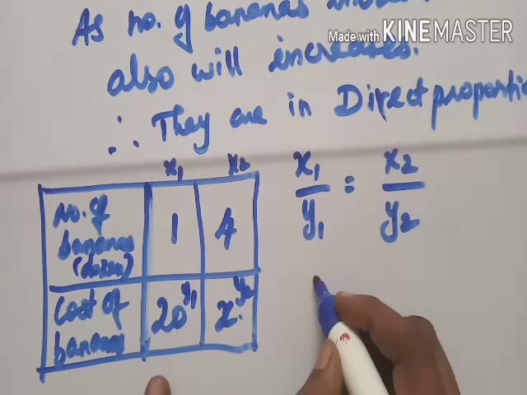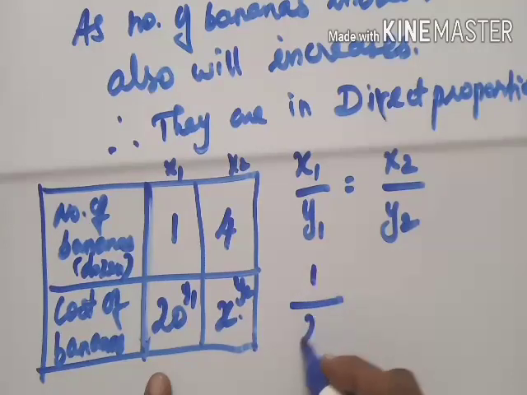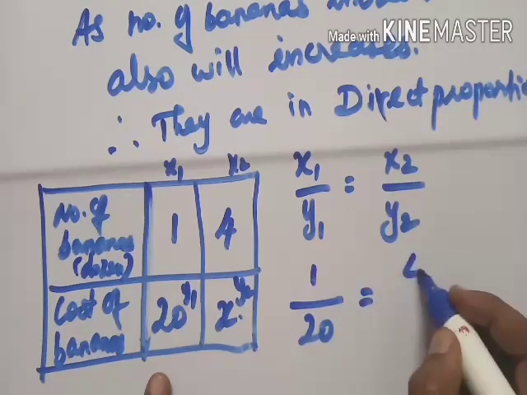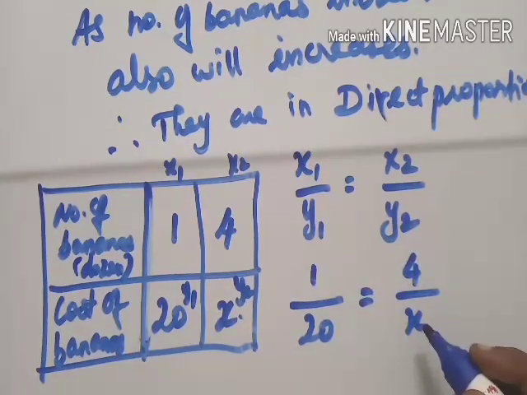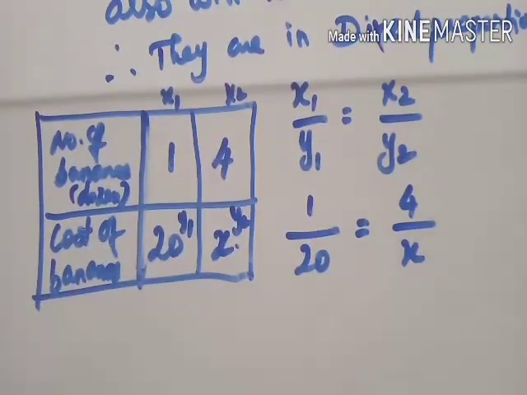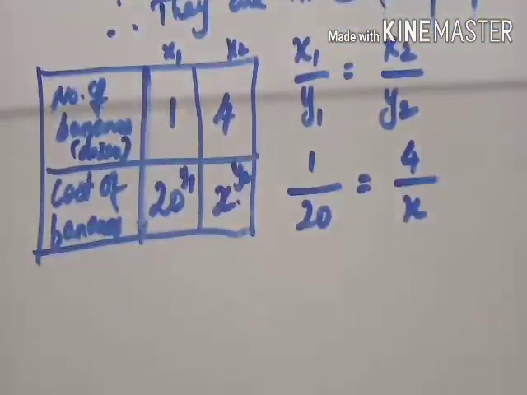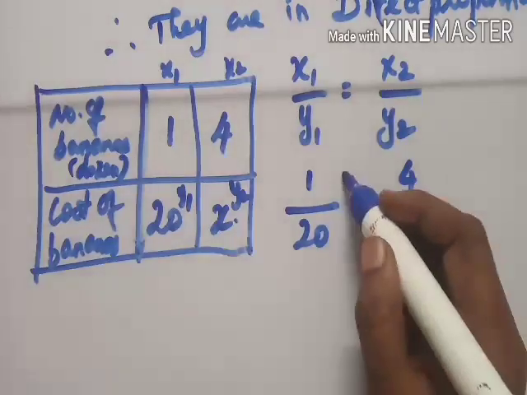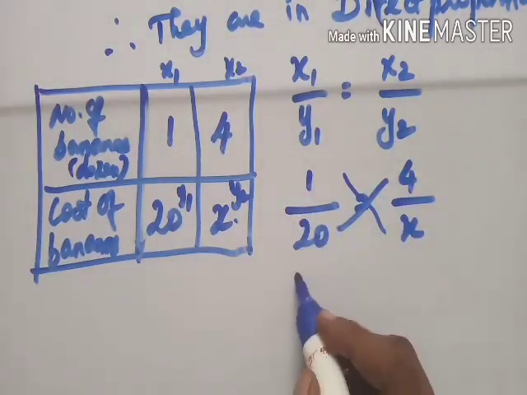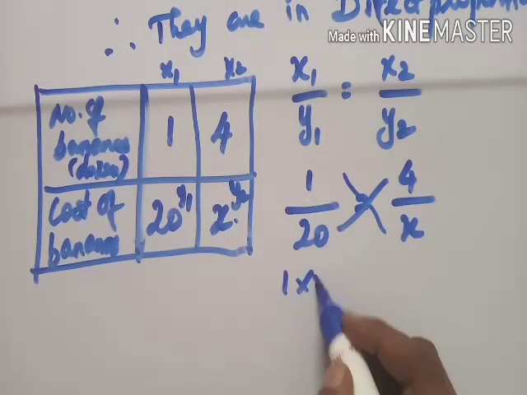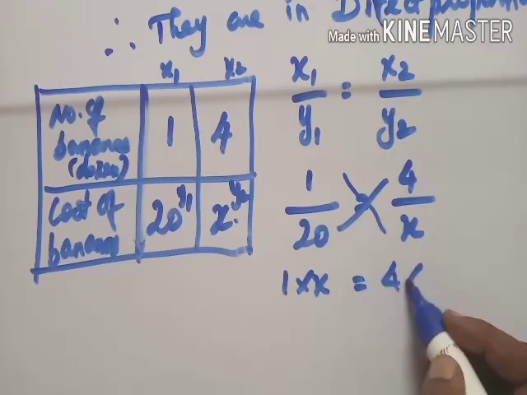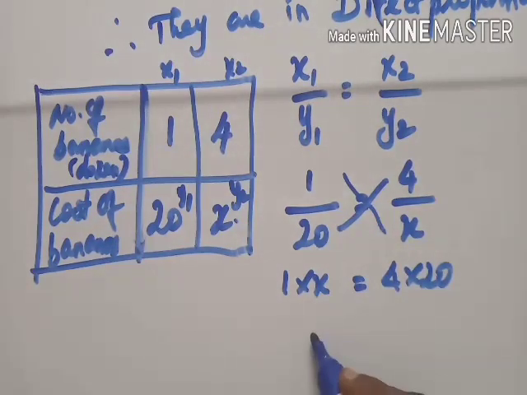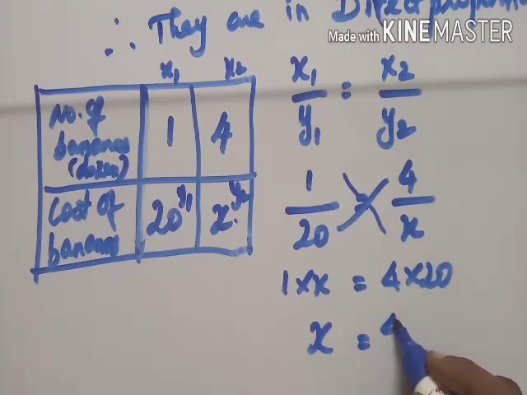Now I am going to substitute these values in this equation. So 1 divided by 20 is equal to 4 divided by X. After this, how to solve this equation? Just do the cross multiplication. 1 into X is equal to 4 into 20. That is X is equal to 4 into 20. 4 into 20 is what? 4 twos are 80.